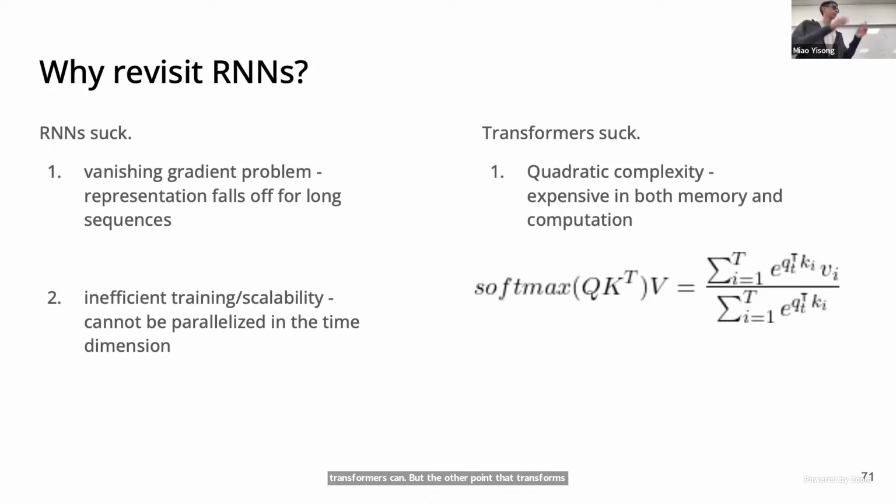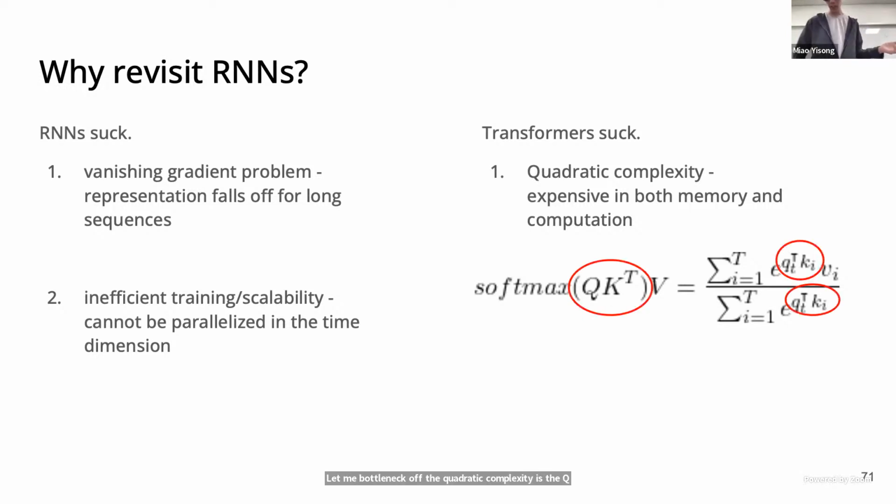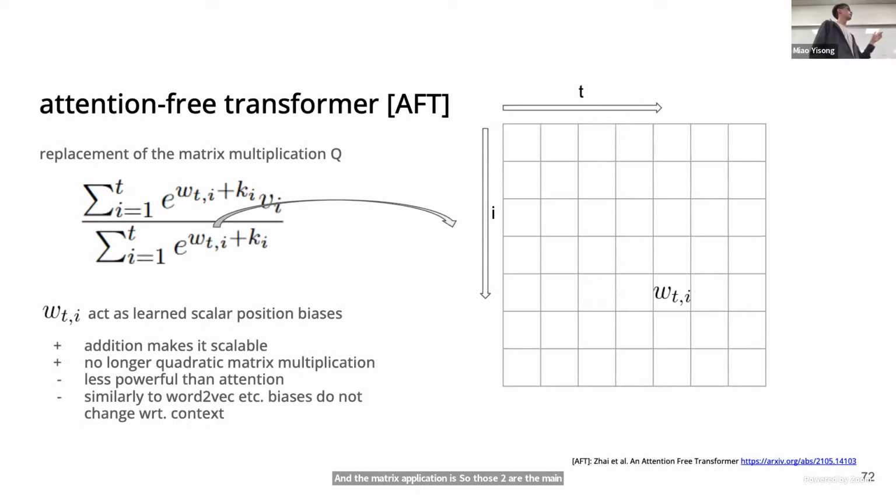The main bottleneck of the quadratic complexity is the Q times K matrix multiplication, which is here. When you expand that function, you get that really weird summation with e to the power of something, and the matrix multiplication is circle. So those 2 are the main culprits of the quadratic complexity. So in previous work, attention-free transformer, there's the link at the bottom there.